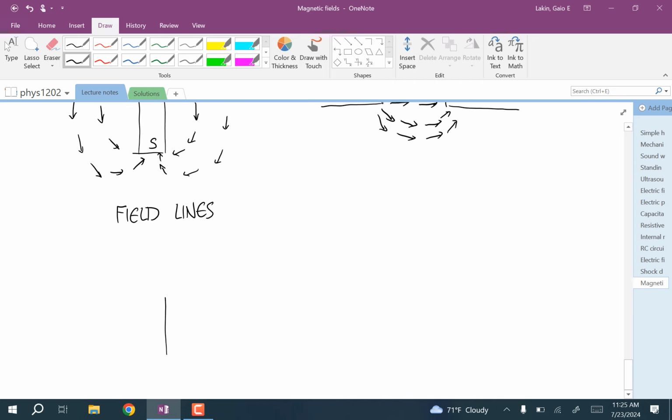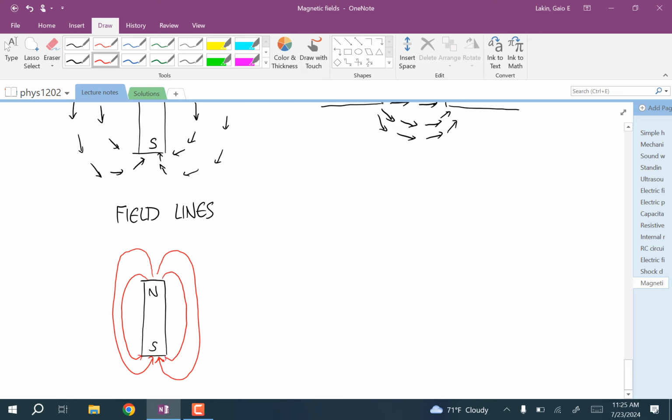So for a fixed magnet like this one, these field lines always start at the north and end at the south. And we put arrows on the ends to indicate the directions.